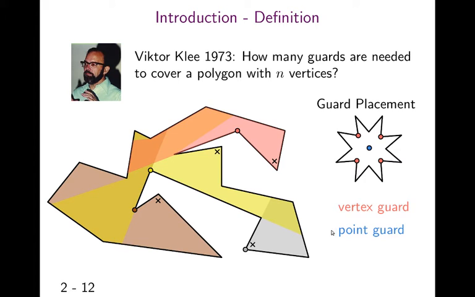We think this point guard variant is more natural because you want to place as few guards as possible, and why restrict to the vertices? There's no reason. You could just add a vertex anywhere and it doesn't change the shape of the polygon, but suddenly you have one more vertex.